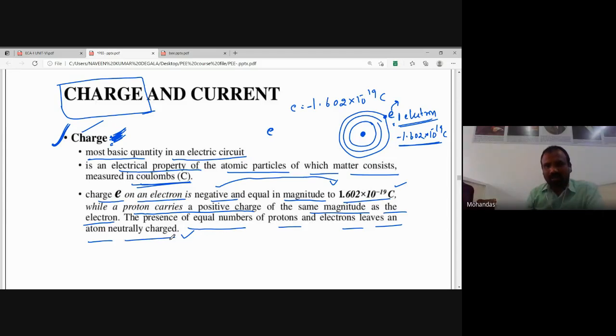As these electrons and protons are equal, we can say the atom is neutrally charged. Okay, but when you apply some external energy, and one electron comes out of a particular atom, then we cannot say it is neutral. Okay, so this is about the charge definition.